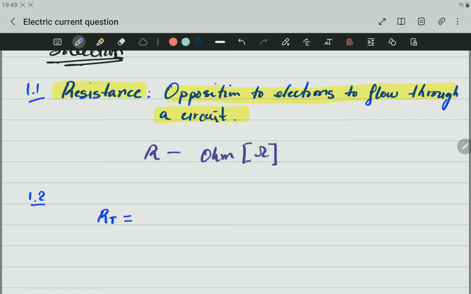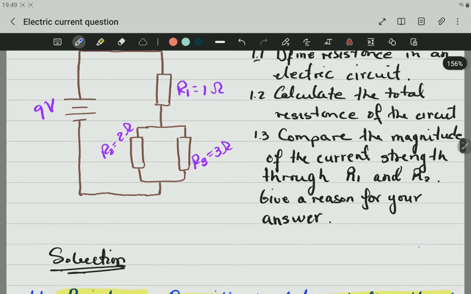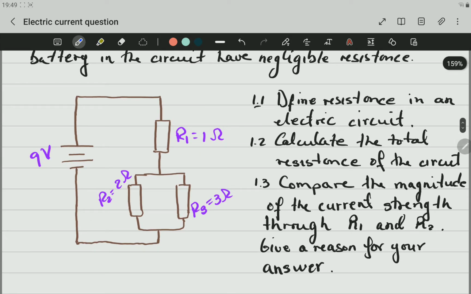So the total resistance of the circuit is equal to the addition of the resistors in series plus the equivalent resistance in parallel. In this electric circuit, this resistor here is in series with these two here that are in parallel.